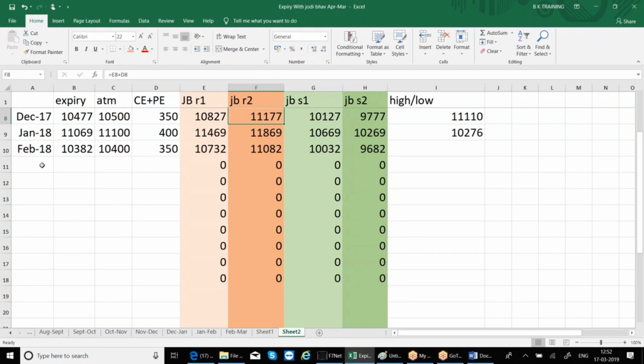And March expiry happened at what? Any idea? 10,113.